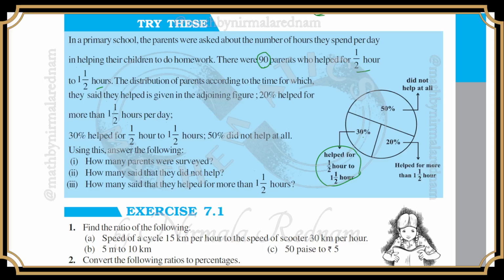Next, they're asking us, how many said that they did not help? Now you can see the percentage of the parents who are saying that they did not help is 50%, right? So here it is 50%. Now what is this in terms of the actual number of parents? Now I know the percentage, I need to calculate the number corresponding to that.